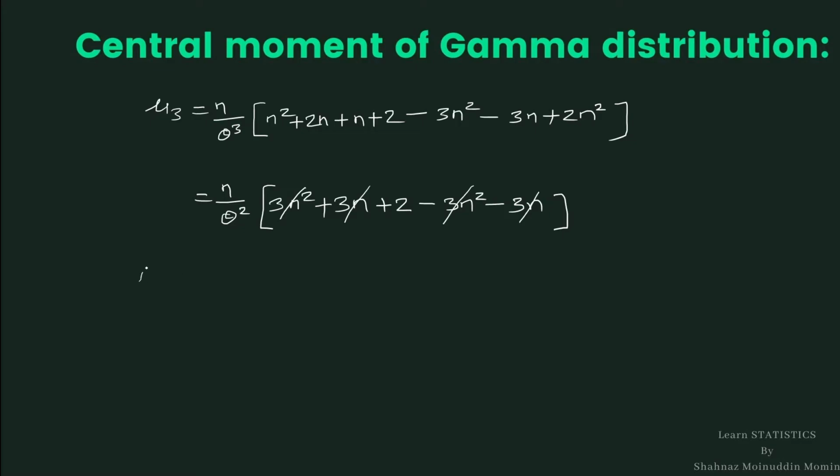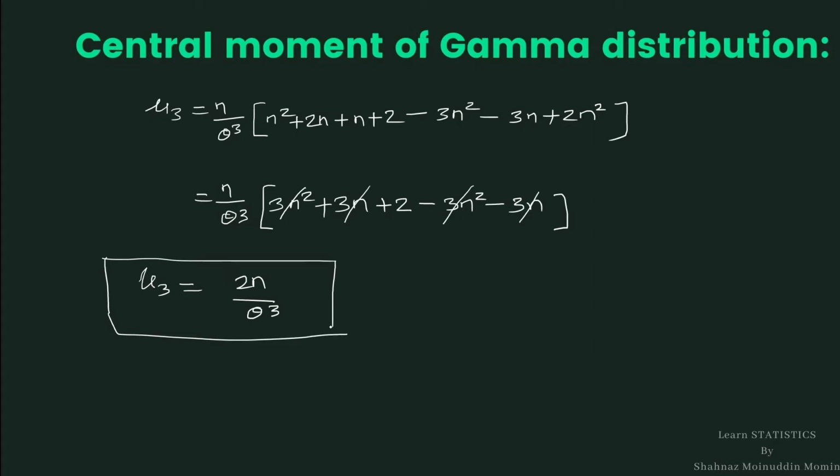So mu 3, the third central moment, is equal to 2n divided by theta cube. This is the value of third central moment of gamma distribution with parameters theta and n.